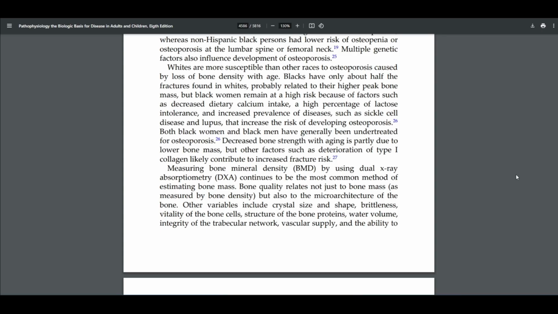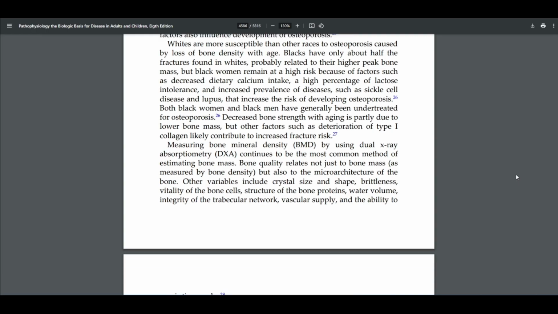Both Black women and Black men have generally been undertreated for osteoporosis. Decreased bone strength with aging is partly due to lower bone mass, but other factors, such as deterioration of type 1 collagen, likely contribute to increased fracture risk.